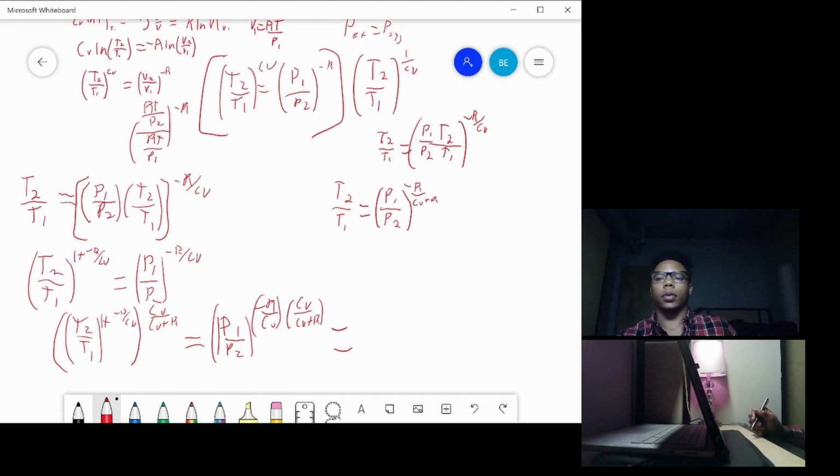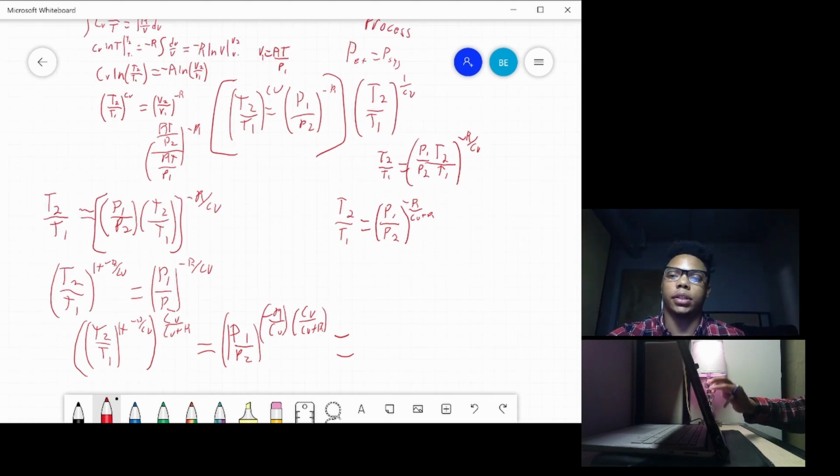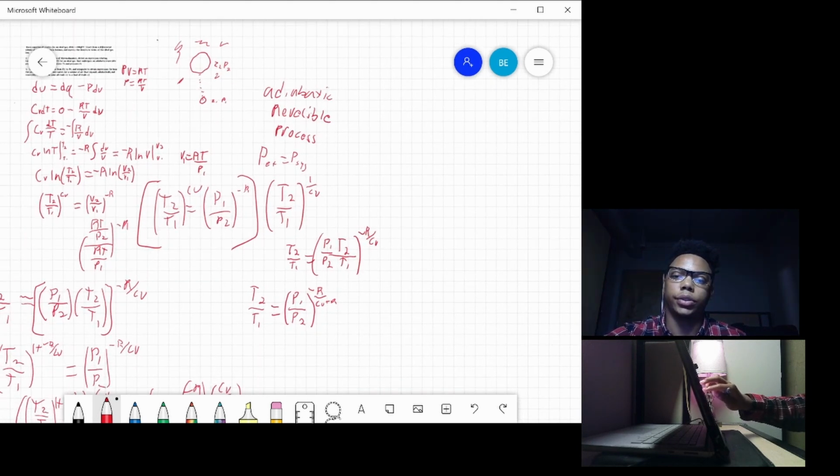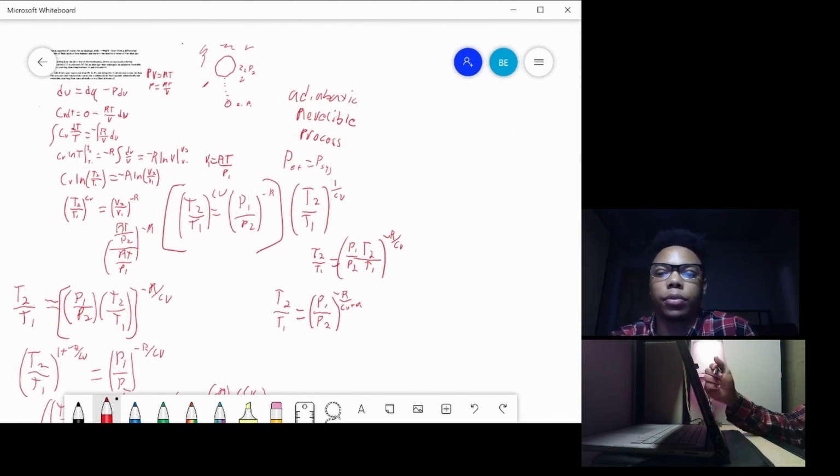And so what we have here is a way to find the temperature based off our change in pressure.